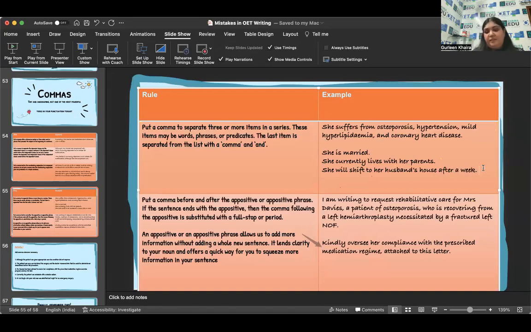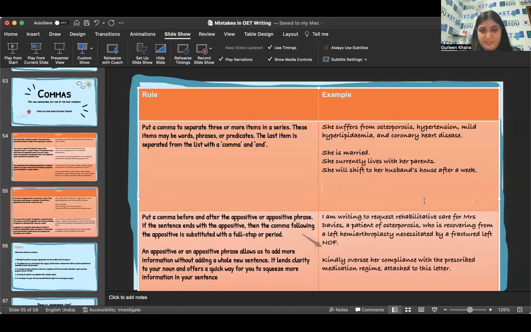Okay. Is the subject the same for all these sentences, and can we combine them? Yes, we can. So let's combine them. She is married. We can combine the predicates, right? If the subject is common, then we can combine the predicates together as we discussed.